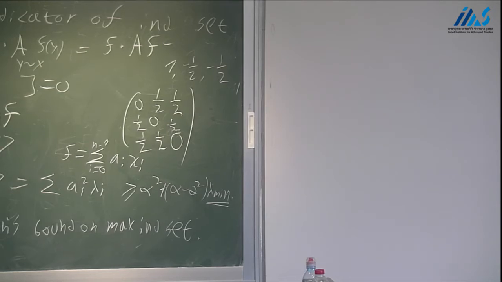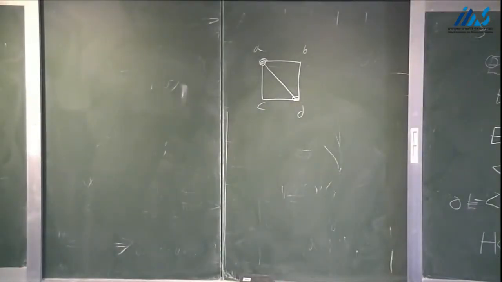So let's look at this graph, for example, and let's call the vertices A, B, C, and D. I'm not going to do any calculations here about the eigenvalues and the eigenvectors of this graph, but I want to ask, what's the largest independent set in the nth power of this graph?